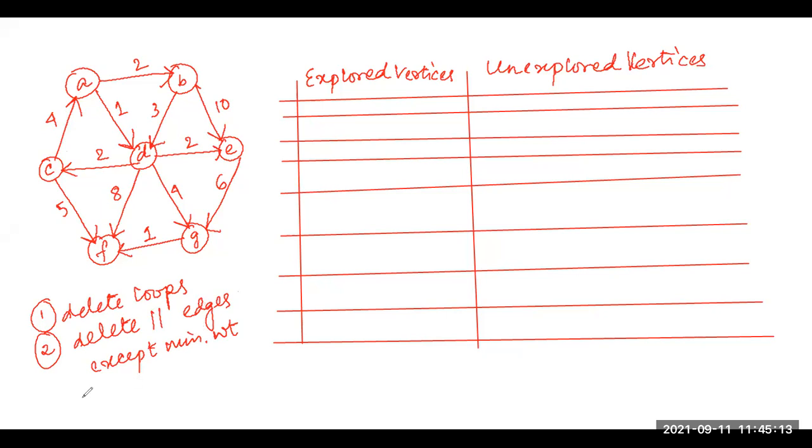And we will start from any vertex, and that start vertex I will mark as my source vertex. Suppose here I am starting from A. So A is my source vertex. You can start from any vertex. The starting vertex will be permanently labeled at 0.